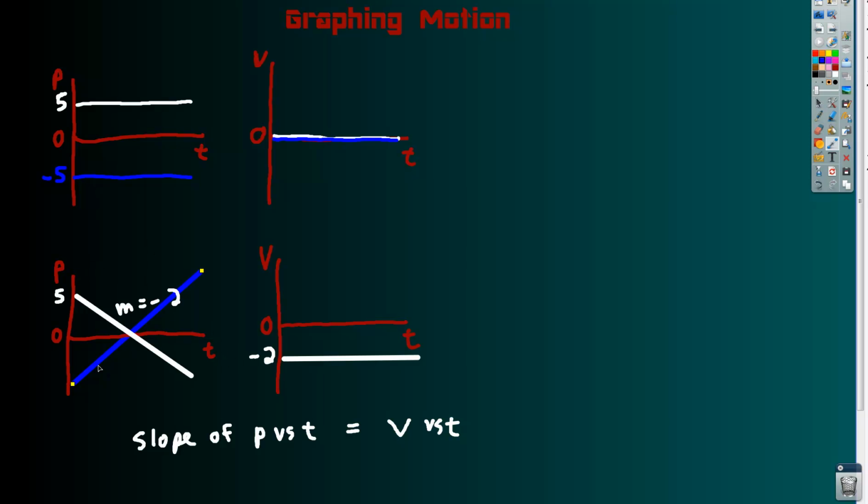But anyway, the slope is positive, and so your velocity is going to be positive. And if your slope is not changing over here, then your velocity is not going to be increasing or decreasing. Your velocity is going to be constant. Make sense? Cool.